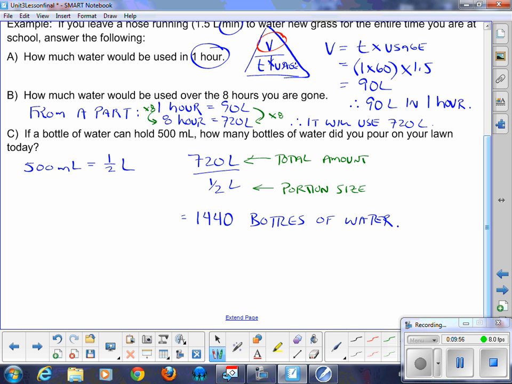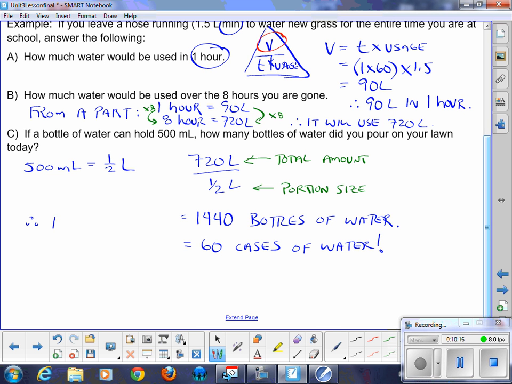Okay, and break that down a little bit further, if we go to cases of water and divide it by, I guess they come in 24s. Divided by 24. Okay, that's 60 cases of water. Alright, just to put it in perspective for you.